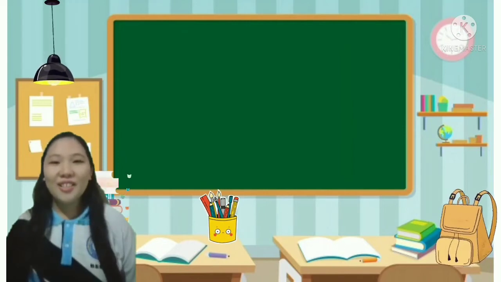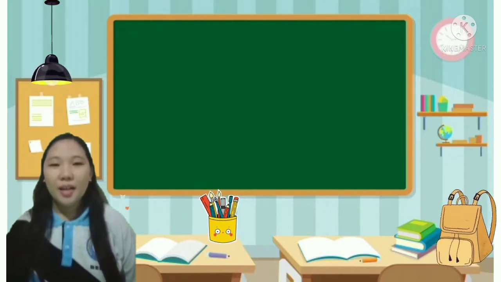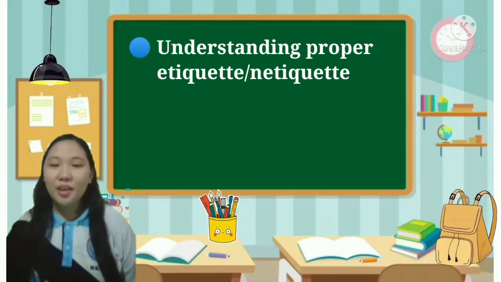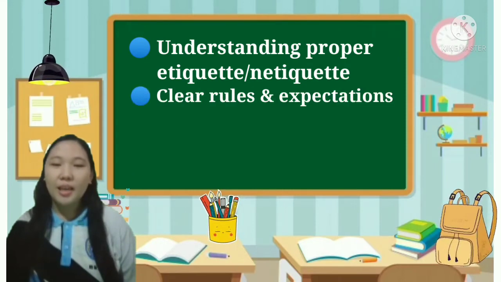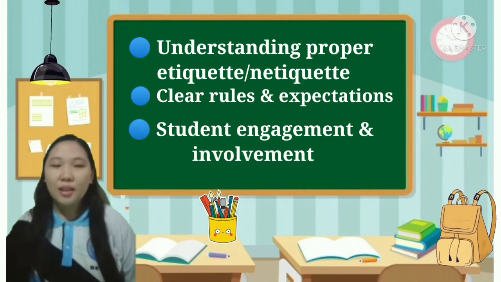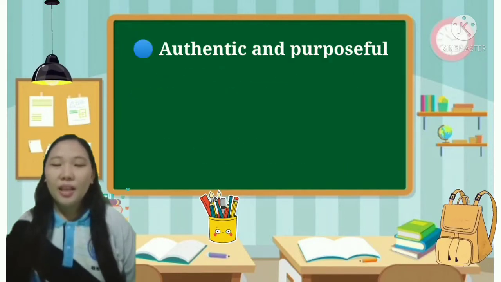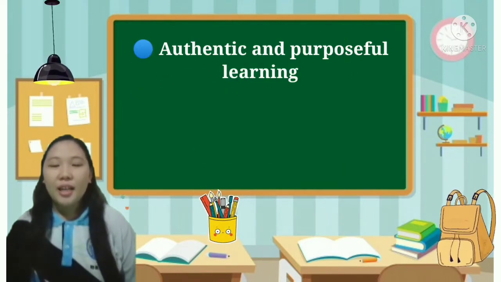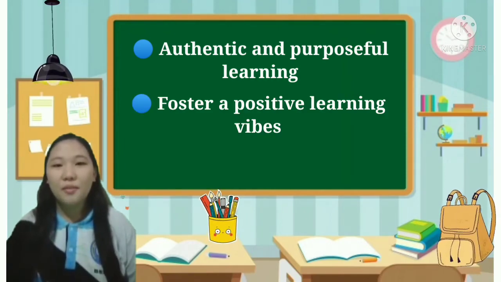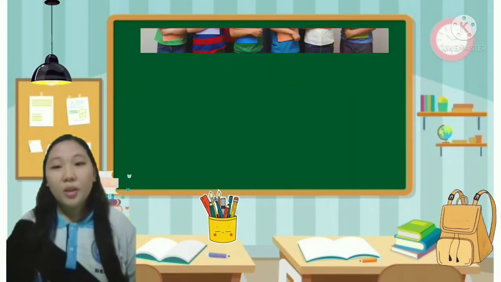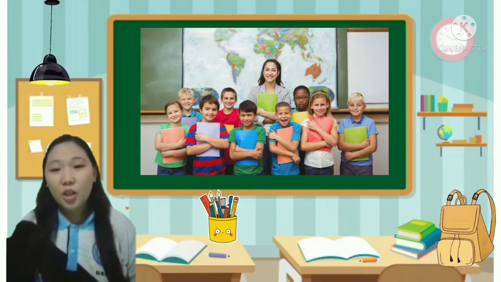The criteria or standards that I would set to judge the quality of the classroom and remote learning are understanding the proper etiquette or netiquette, clear rules and expectations virtually, high engagement and involvement of students, authentic and purposeful learning, and last is to make sure the learning environment fosters positive learning vibes in remote learning, so they feel that they are safe and secure.